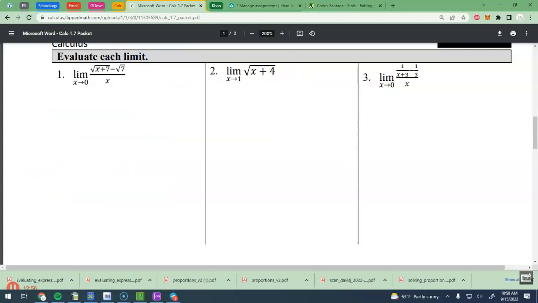But let me do 3. It's the complex fraction, which just means a fraction within another fraction. It tends to mess people up. So let me back up a second, and let's say we had 1/4 minus 1/3. What's the common denominator? 12.